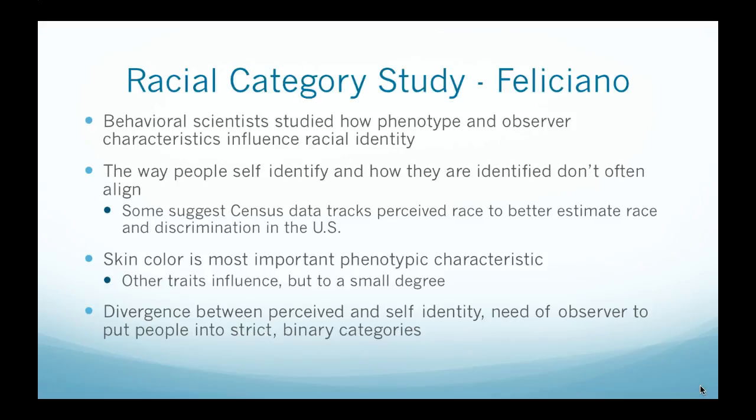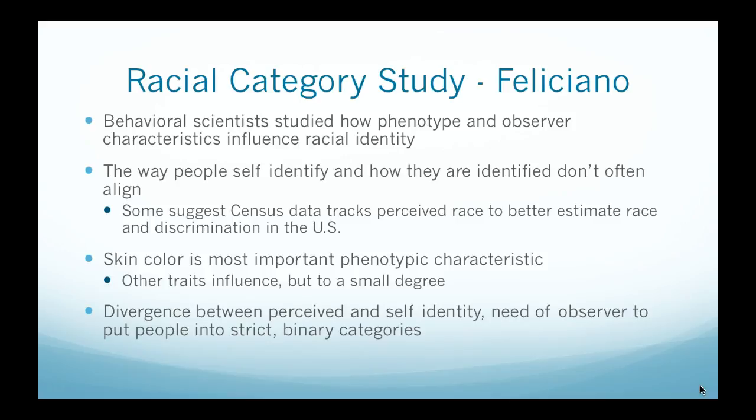So of those people who self-identified as mixed race, they were generally placed into one racial category. Participants didn't often place people into mixed race categories. They usually picked one, either white or black, Latino or Latina, instead of blending those or saying someone could identify as mixed race.